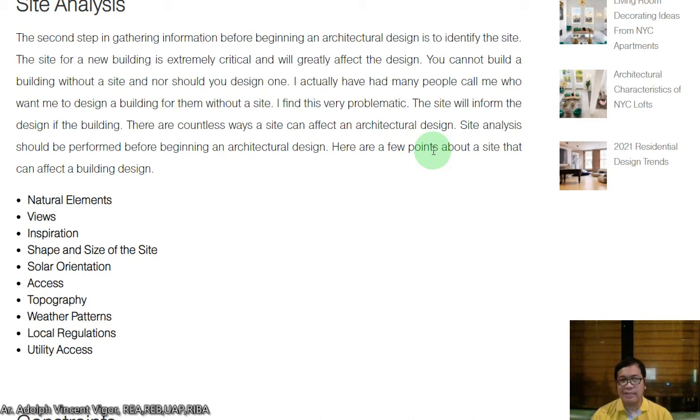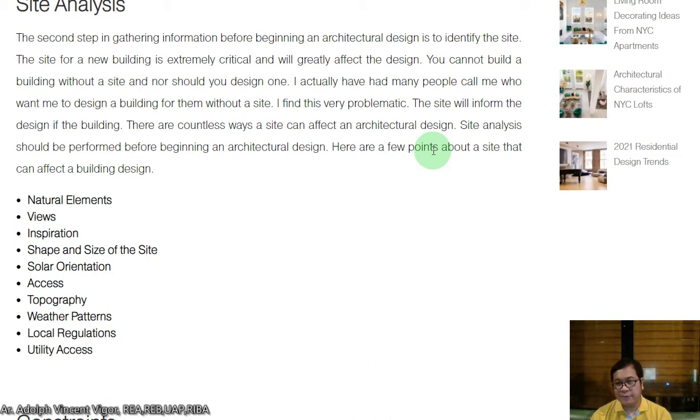The next is access. Access is important because you must consider where the road networks would be for your site. Next is topography.